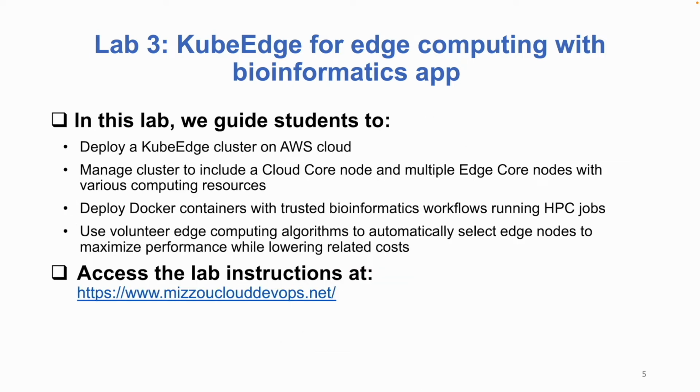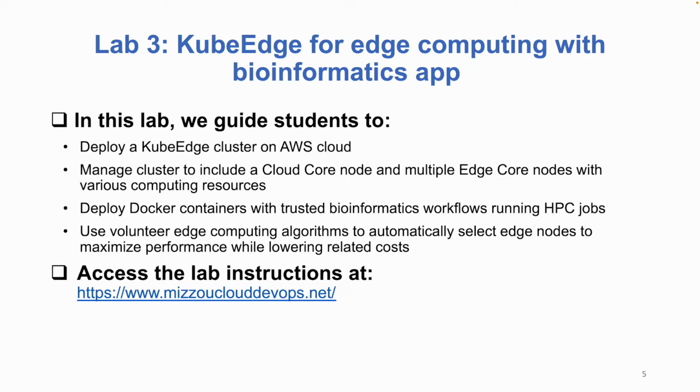In this lab, we will guide the students to deploy a KubeEdge cluster on AWS Cloud with several AWS EC2 instances. And we will manage the cluster to include both Cloud Core and multiple Edge Core nodes within the public cloud platform. These different nodes will have different computing resource configurations to show you the differences in terms of performance in the cloud.